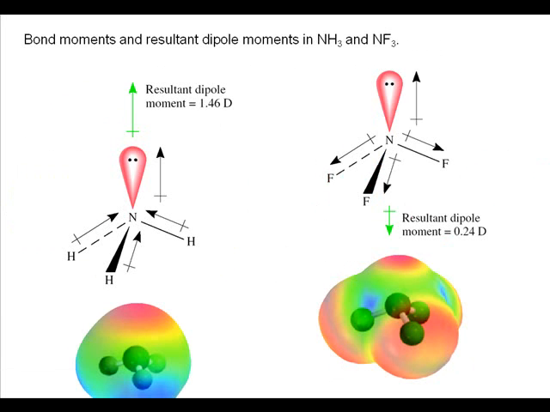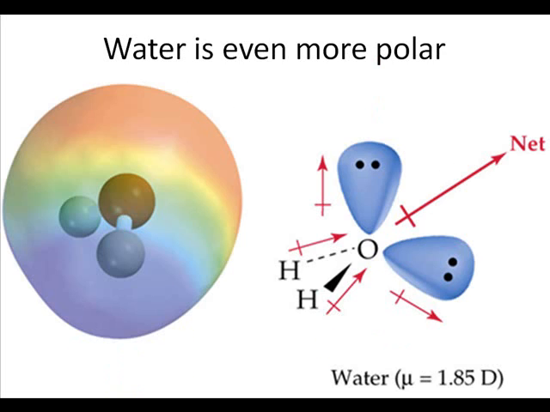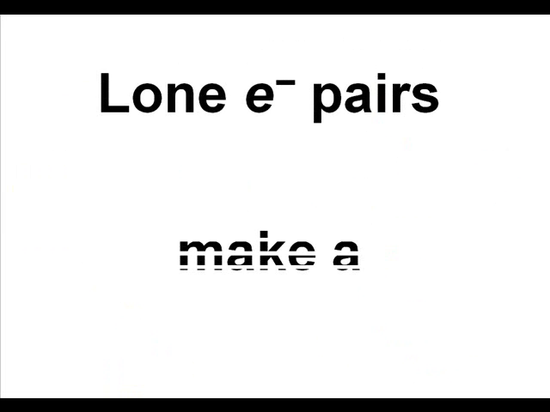So in fact, ammonia is a more strongly polar molecule than nitrogen trifluoride is. Now water is superpolar because the oxygen is very aggressive at pulling the electrons away from hydrogen. So water is a very, very aggressive molecule, and that gives it some very unique properties.